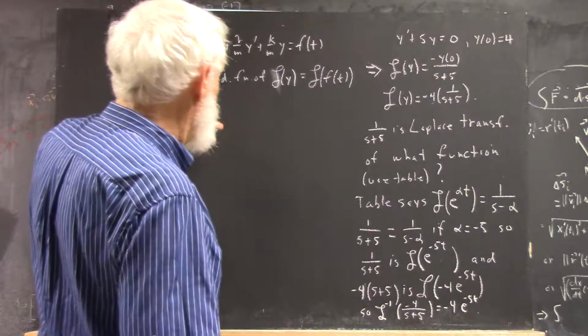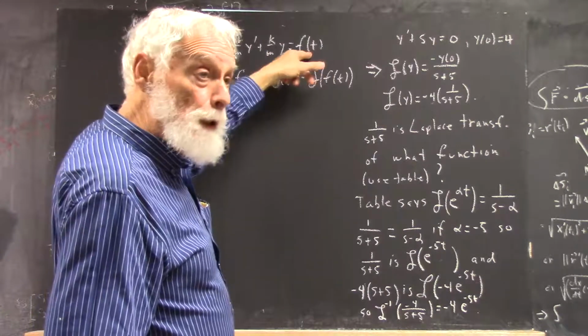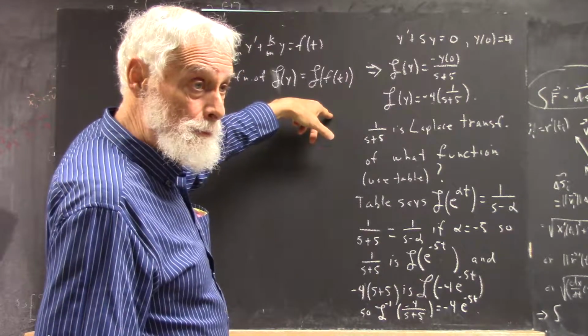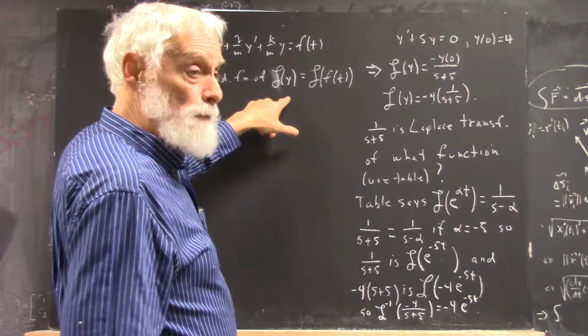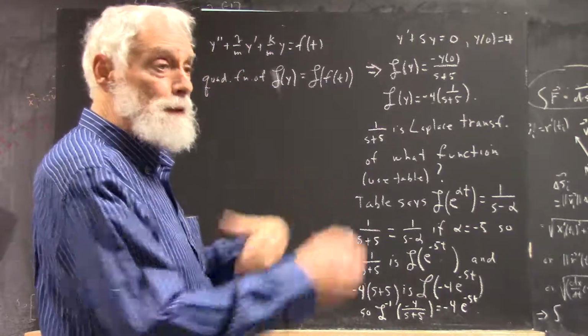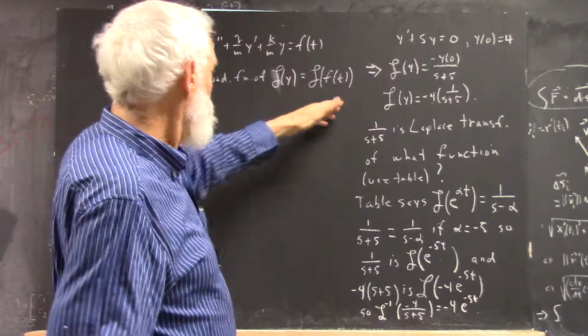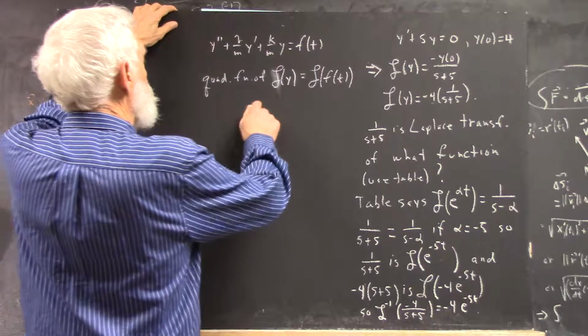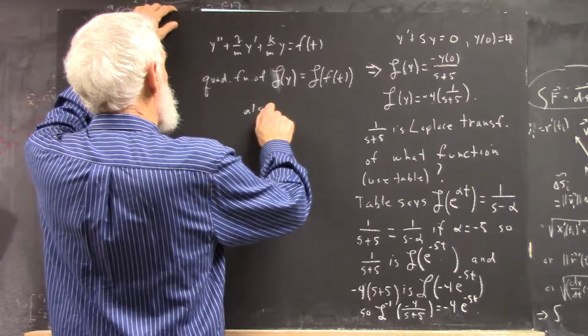So now, if we got something we can do the Laplace transform of up here, we just solve that quadratic. You know, bring that over on this side, and of course it's not necessarily quadratic anymore. So now this is an algebraic equation.